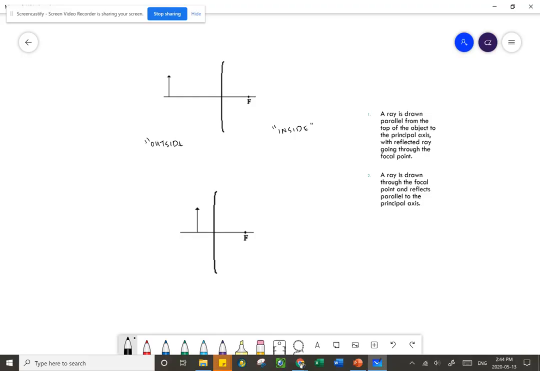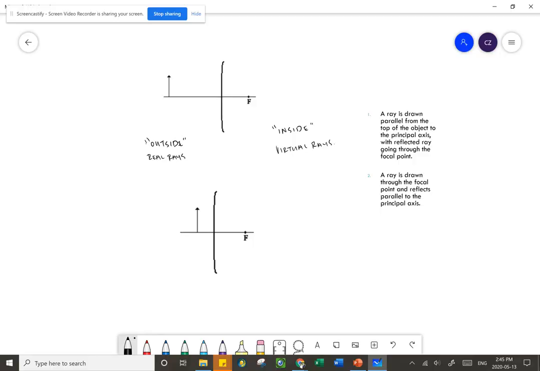Whatever is on the outside of the mirror is going to be made of real rays, so that's where light actually goes. And on the inside of the mirror, we're going to see virtual rays. Rays aren't actually going to go there. So keep that in mind.